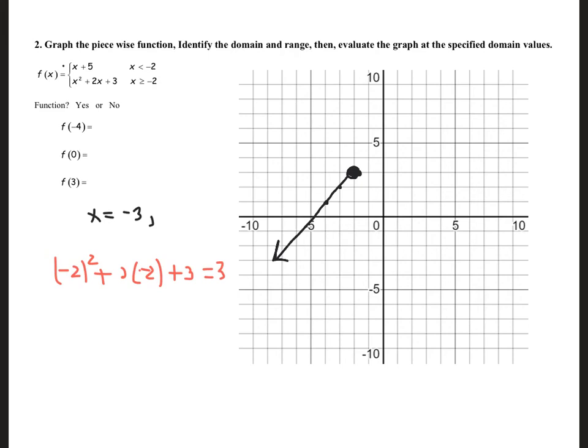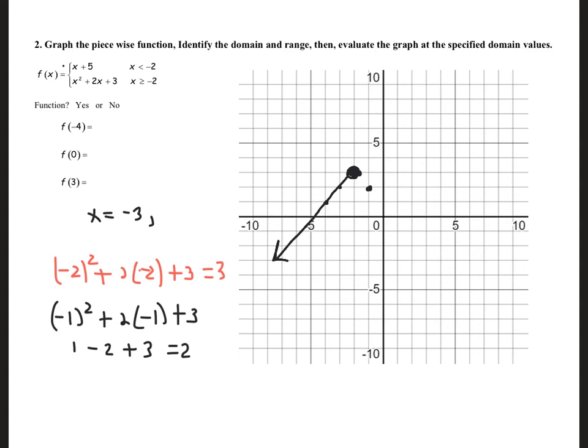So let's plug in -1. -1 squared plus 2 times -1 plus 3. So this is 1 minus 2 plus 3. So we get 2. So -1 becomes 2. What about 0?